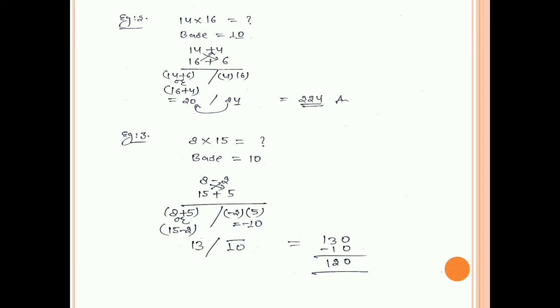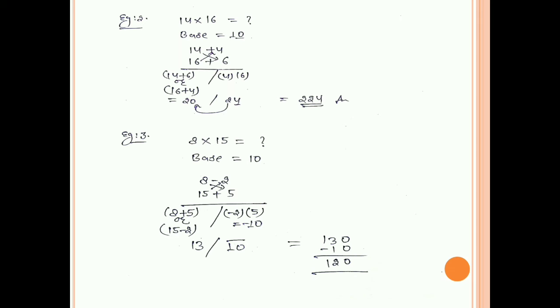To write minus 10, we will put a bar on it. So the number after the slash will be 10 bar, and for the number before the slash we will write 8 plus 5, which is 13, or 15 minus 2, which is 13, since both are the same.